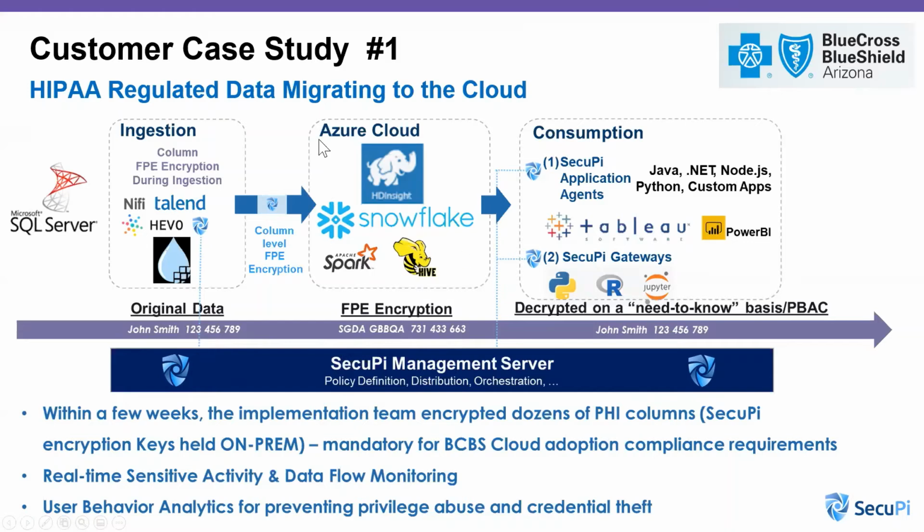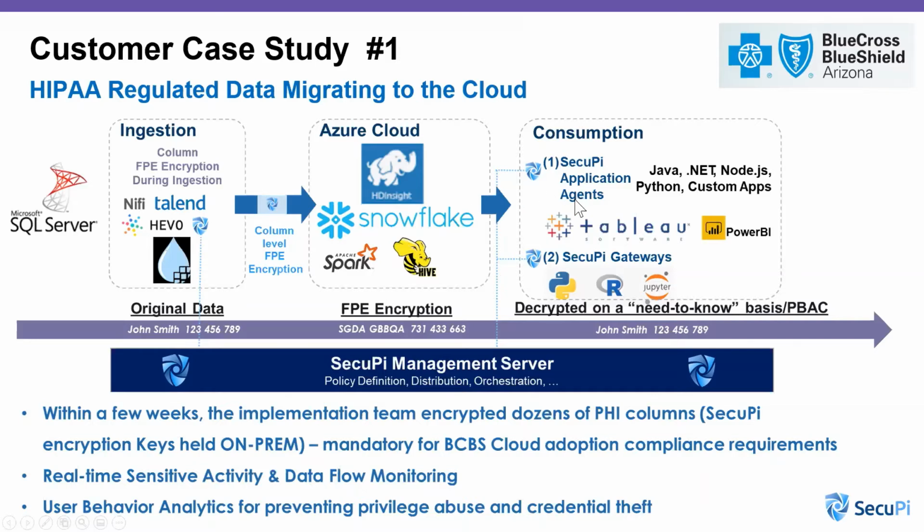But the ability to re-identify it doesn't exist in the cloud. It doesn't matter if you're using Hive or Spark or Snowflake or AWS RDS or Redshift and so on, right? SQL Server. All of that data in the cloud will only be de-identified records.